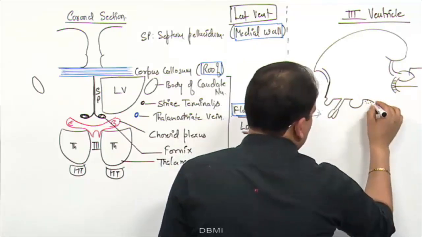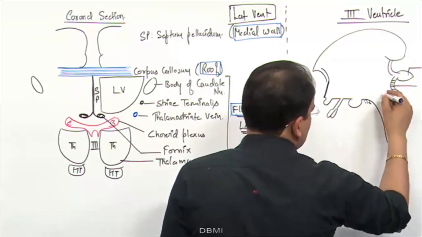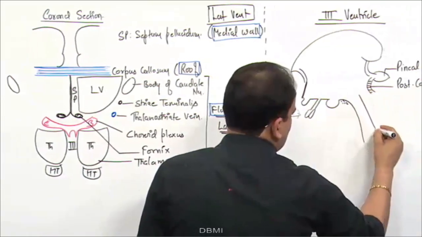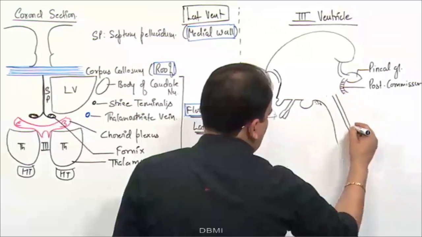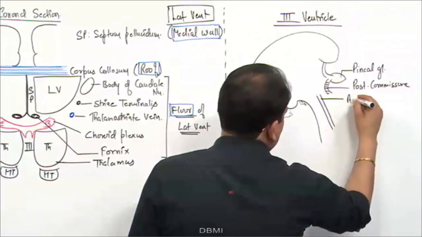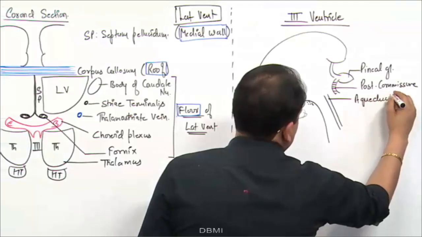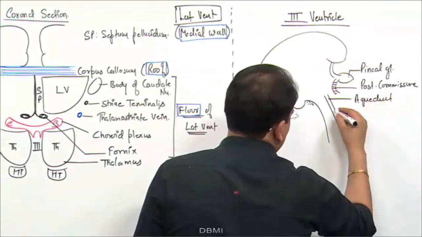Then we have posterior perforating substance, and this is aqueduct, which is leading into the fourth ventricle.